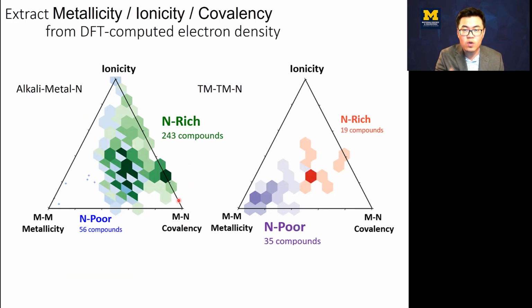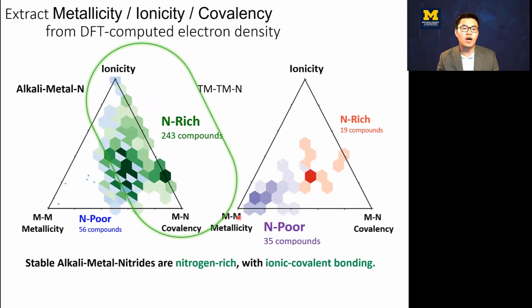Remember, these are semi-quantitative DFT schemes for bonding, for metallicity, ionicity, and covalency. We found that alkali metal nitrides were very ionic covalent, whereas transition metal nitrides were very nitrogen-poor and very metallic. Can we rationalize why all these stable compounds are nitrogen rich with ionic covalent bonding?